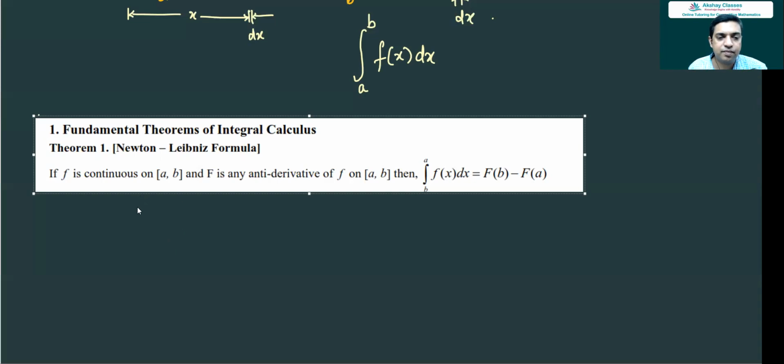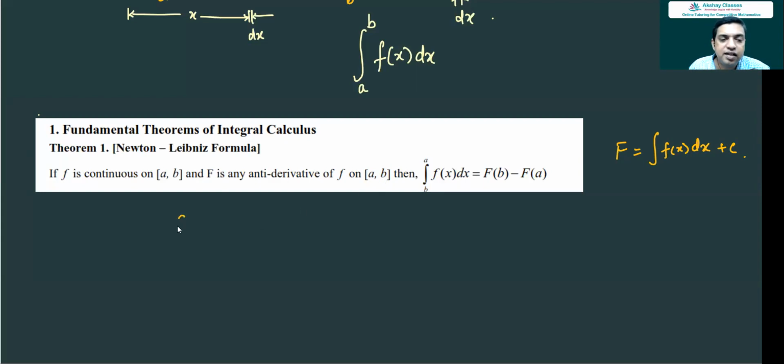So basically capital F is the integral of small f, plus c. So F is any antiderivative of f, so it includes c. So F is any antiderivative of small f on the closed interval ab.